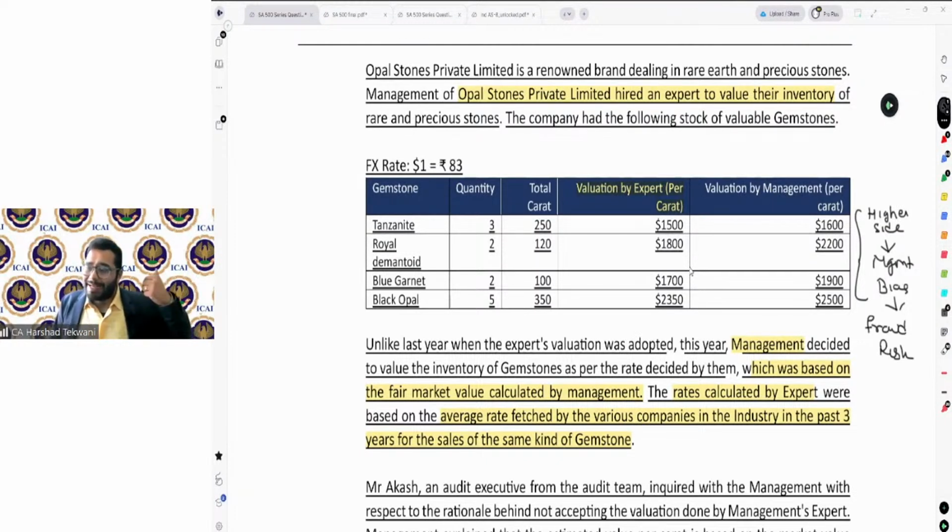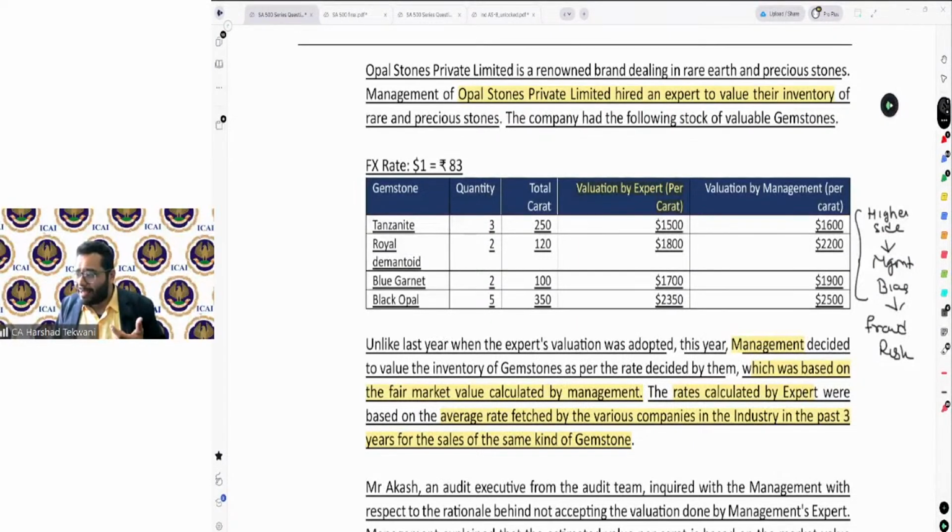So I need to understand whether there is a management bias in the estimates. I need to test whether there is a management bias. If yes, then accordingly I need to perform relevant procedures.